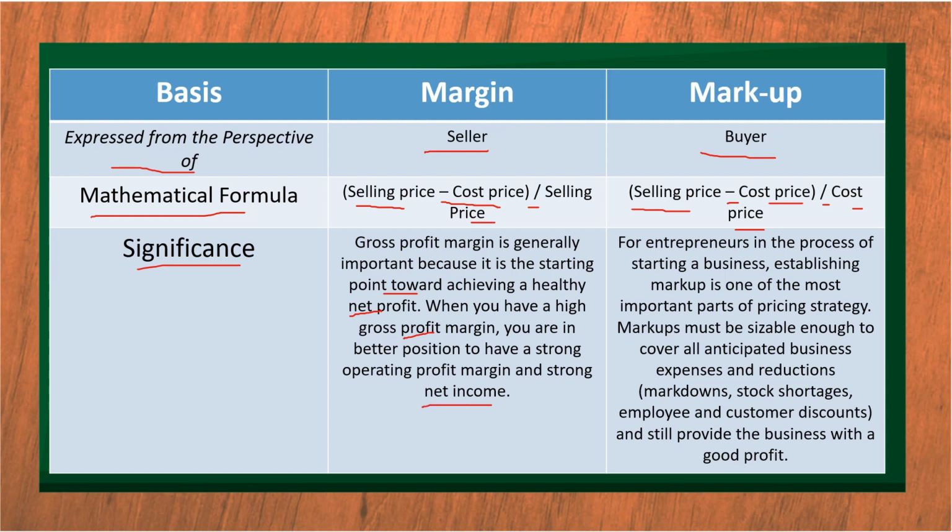For markup, for entrepreneurs in the process of starting a business, establishing markup is one of the most important parts of pricing strategy. Markups must be sizable enough to cover all anticipated business expenses and reductions, markdowns, stock shortage, employee and customer discounts, and still provide the business with a good profit.